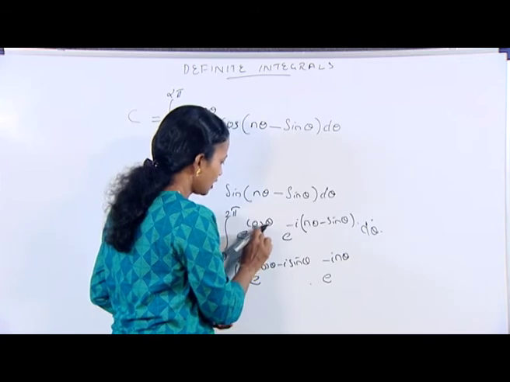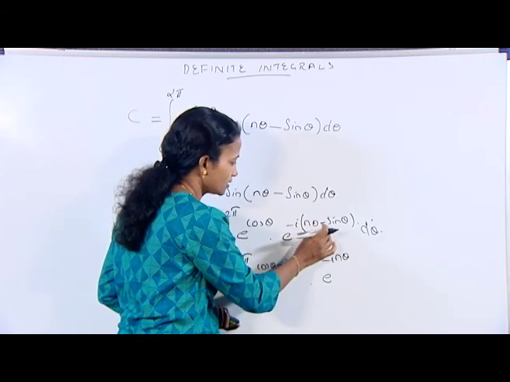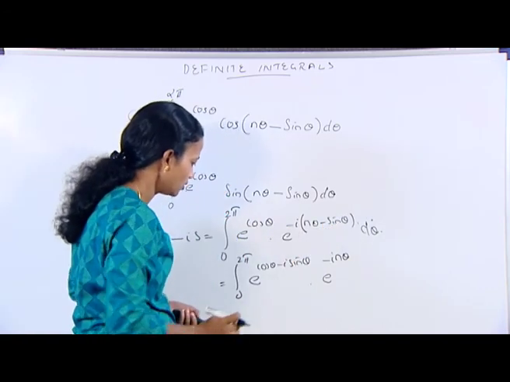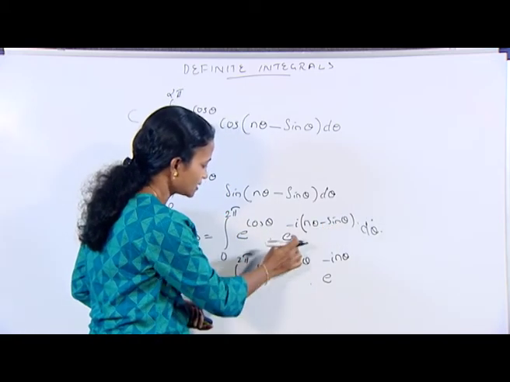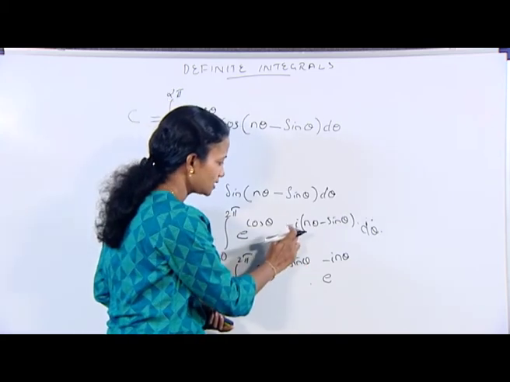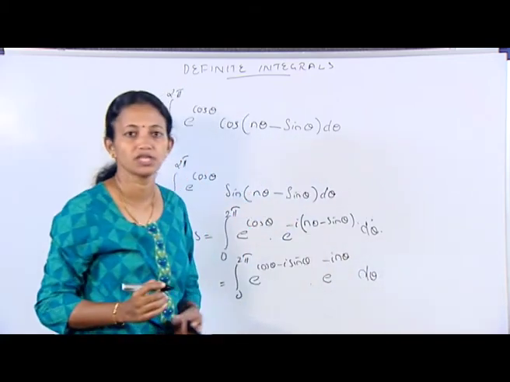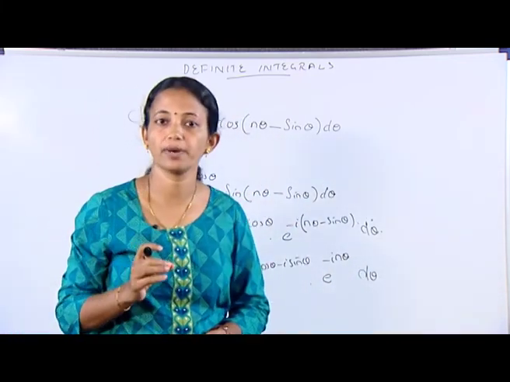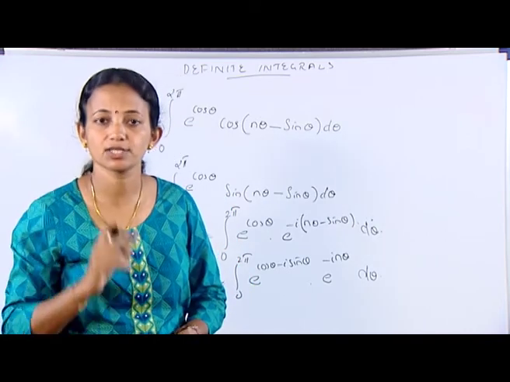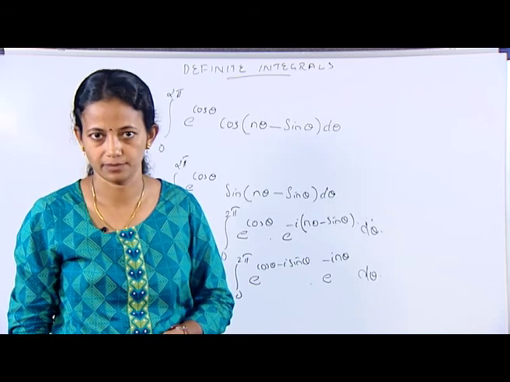That is, here we have e^(cos θ), and here e^(−i(nθ − sin θ)). So, e^(cos θ) times e^(i sin θ) times e^(−inθ) dθ, which is equal to the integral from 0 to 2π of e^(e^(iθ)) times e^(−inθ) dθ.